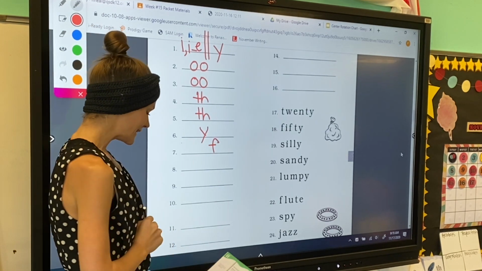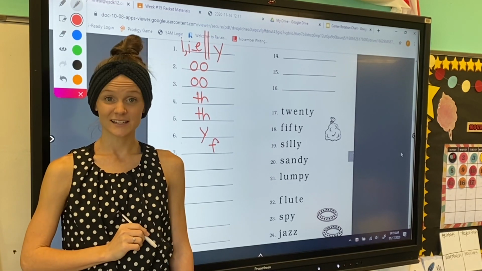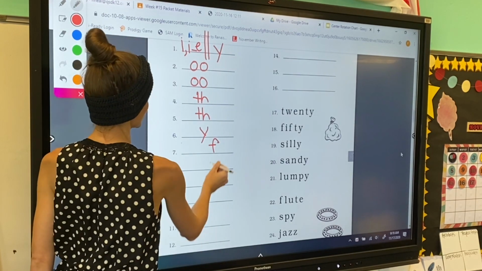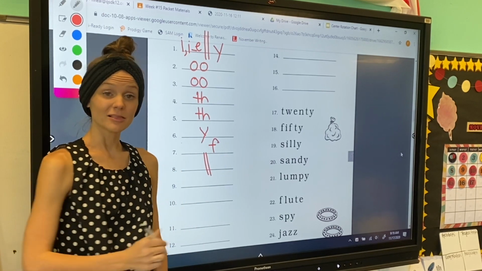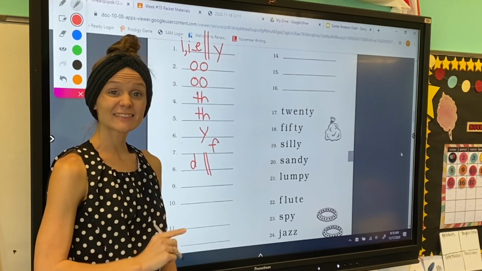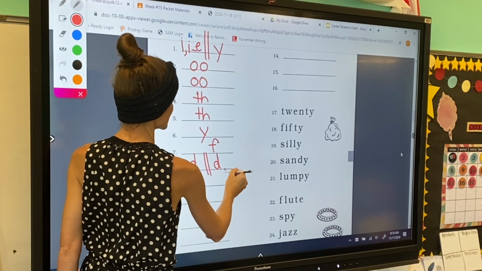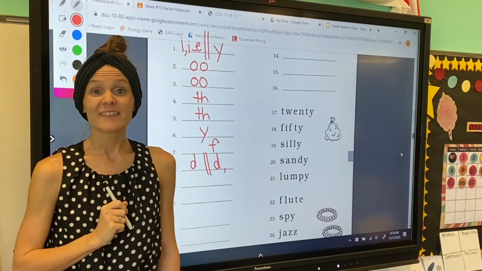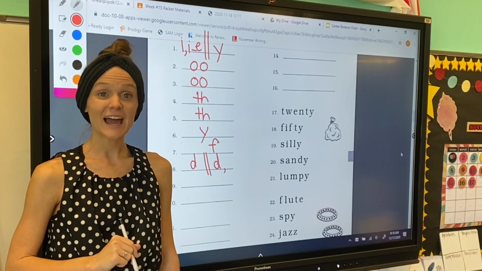For number 8, my letter sound is D. So we're going to divide this one in 2 parts. At the beginning of a word, letter D makes the D sound. And at the end of a word, letter D can also make the D sound, but the suffix ED can make the D sound as well.